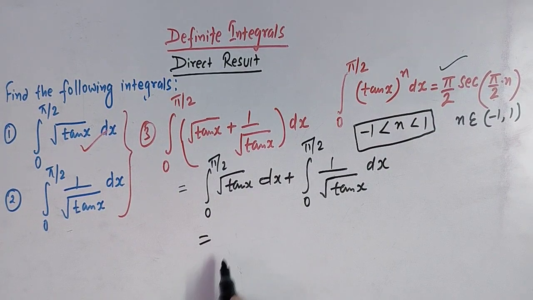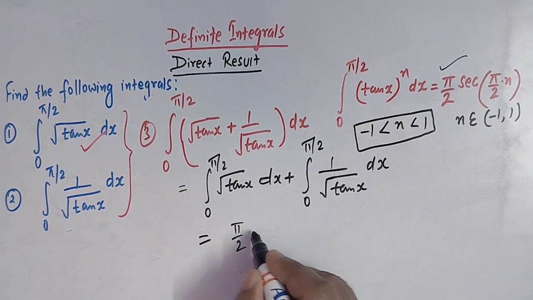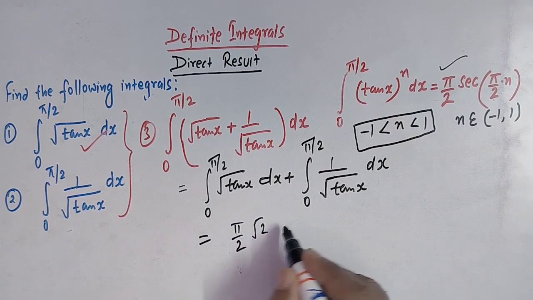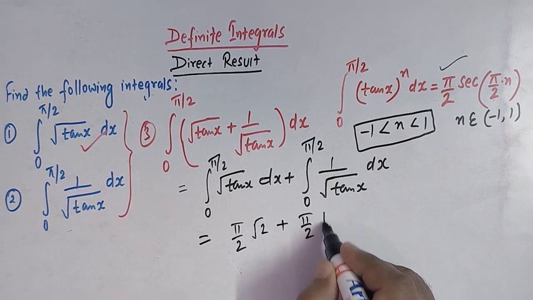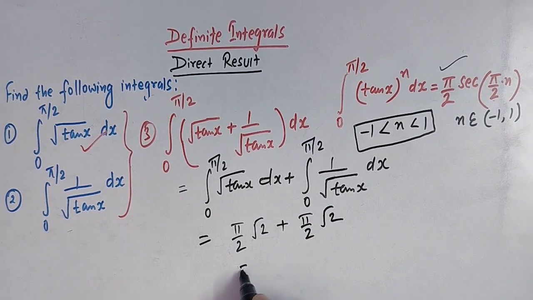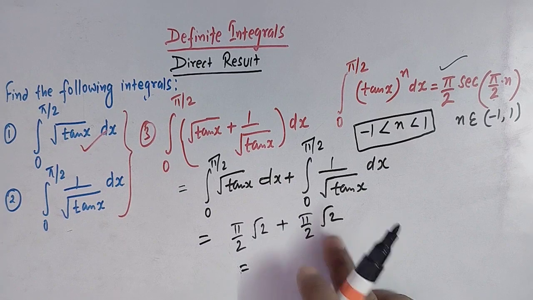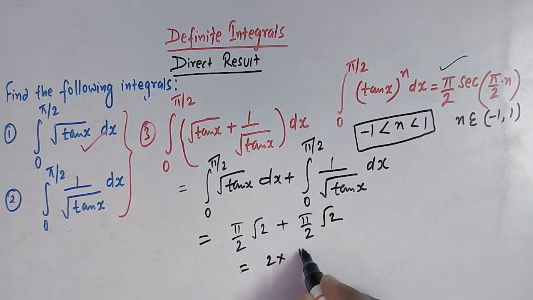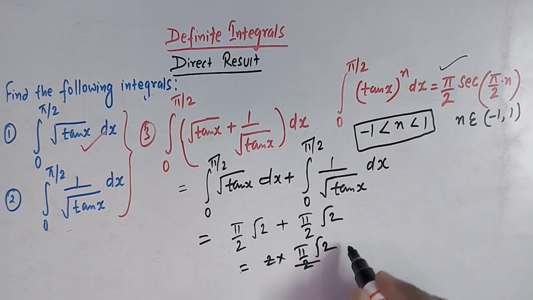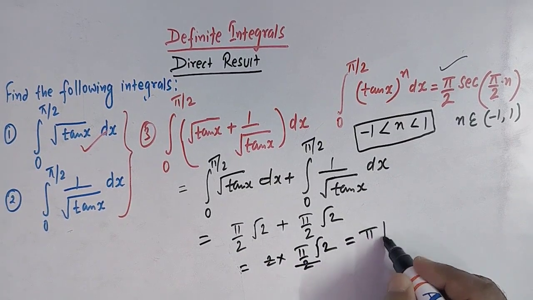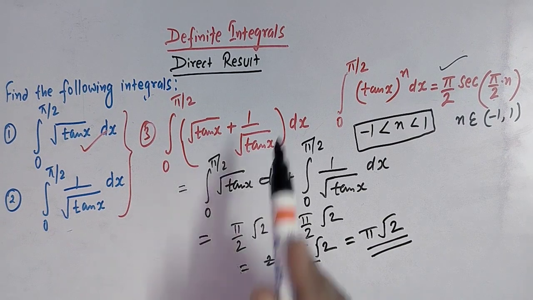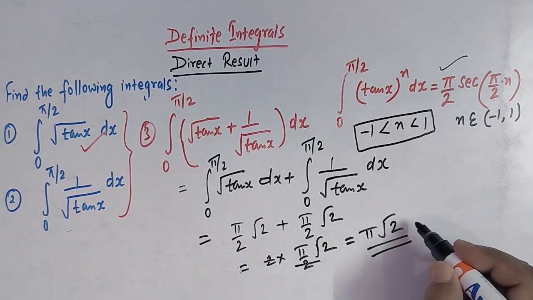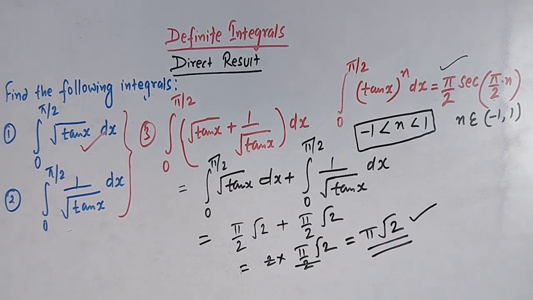So the value of this integral is pi by 2 times the square root of 2, and here also we have pi by 2 times the square root of 2. When we add these two quantities, we get 2 times pi by 2 times the square root of 2. So 2 and 2 get cancelled, and we are left with pi times the square root of 2. So the value of this integral is pi times square root of 2.